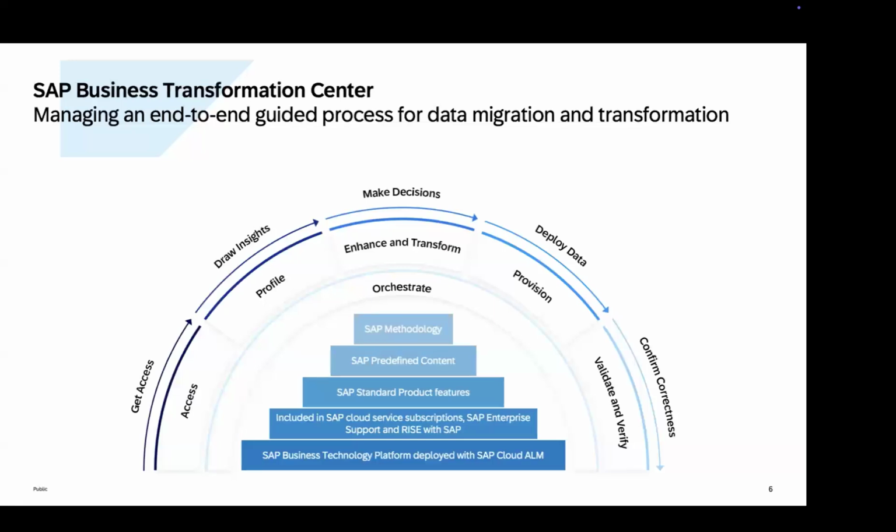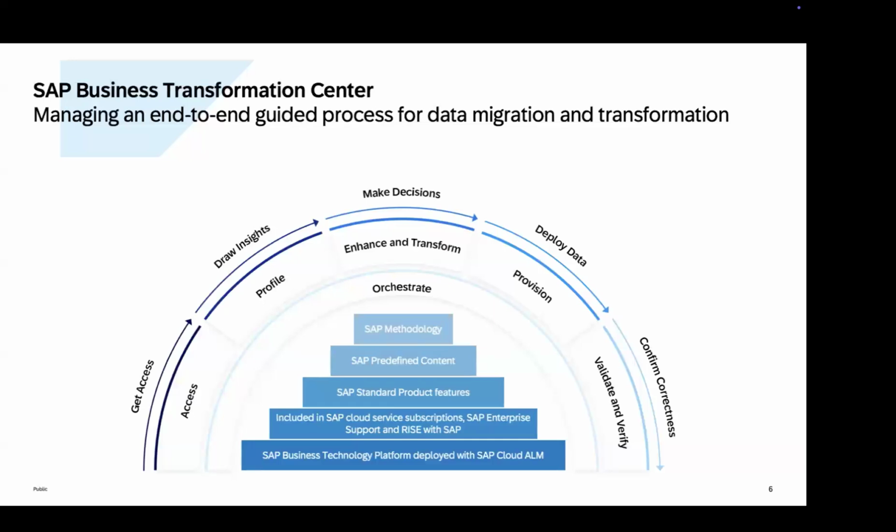So with several functionalities that we have under the area of get access, we released the so-called digital blueprint last year at Sapphire. This year we now released selective data transition. And we are further supporting our customers and partners when they use Business Transformation Center also through the other phases of the project.